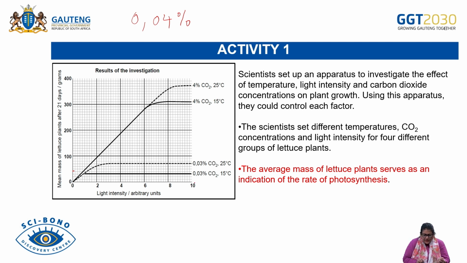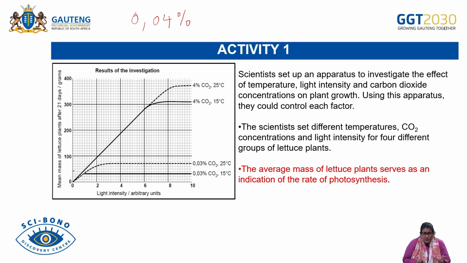Here now, we're giving it again 0.03% CO2, but we're keeping it at 25 degrees. Right, so we're increasing the light intensity, but again, the CO2 level is not the suitable one. It's 0.03. So the photosynthetic rate did increase because you increase the temperature.